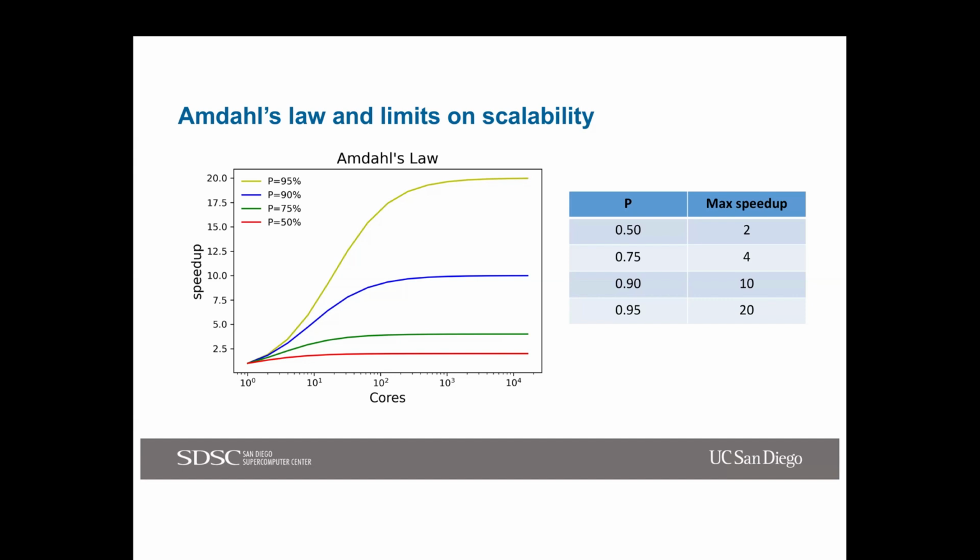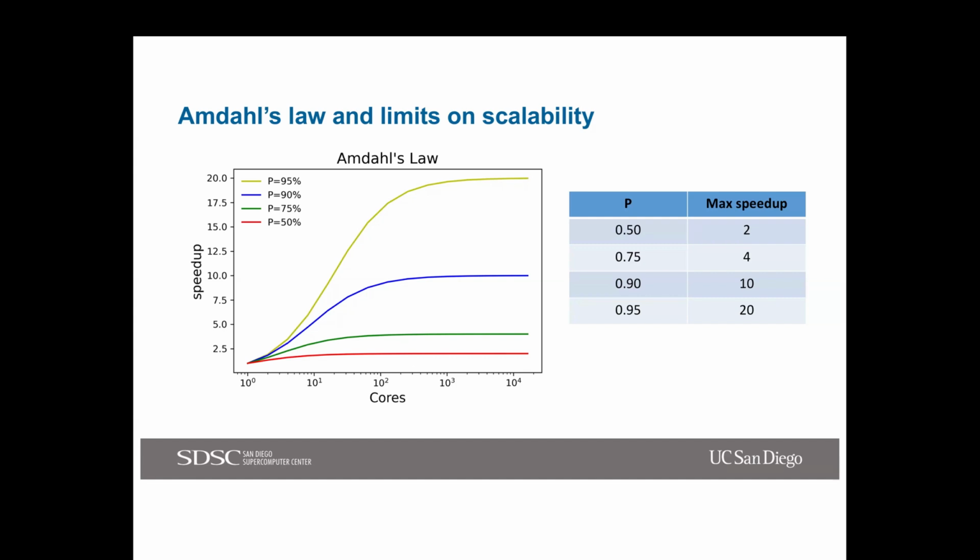Regardless of the number of CPU cores, here we go from essentially 1 to 10,000, which is not unreasonable. On Expanse, any job can use up to, I think, 4,096 cores.